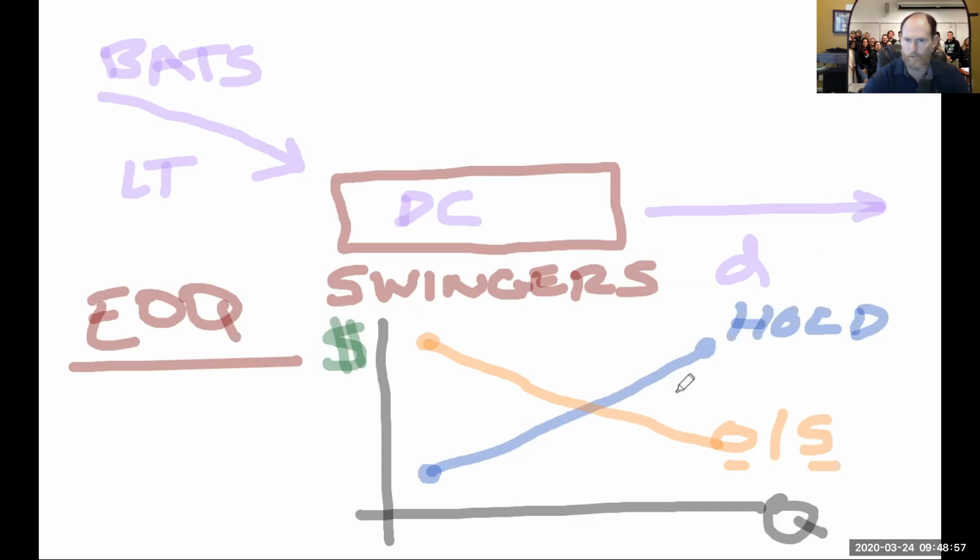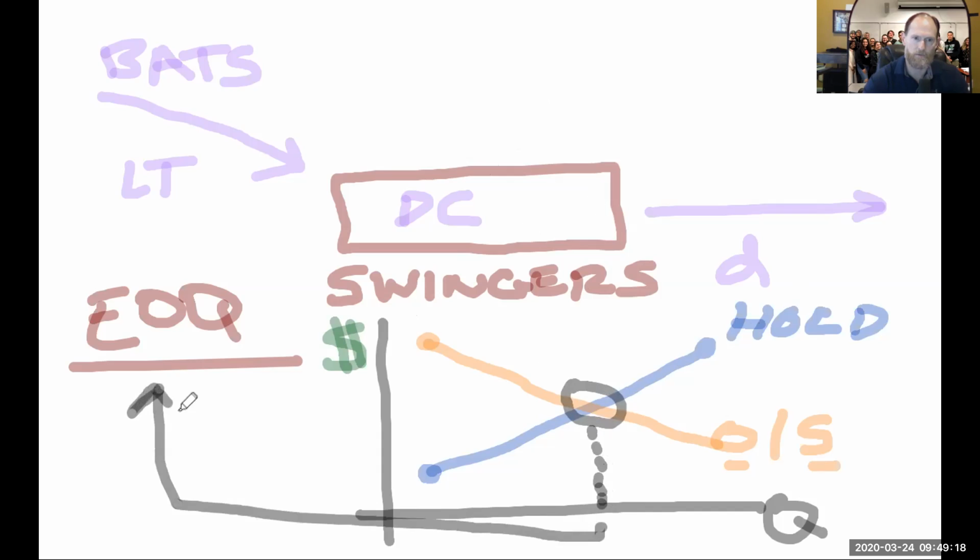So what is the purpose of all these lines? Well, what we want to do in operations is find the quantity that refers to that point there. And that quantity is EOQ.